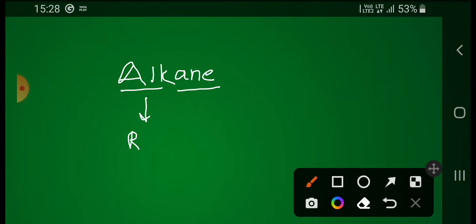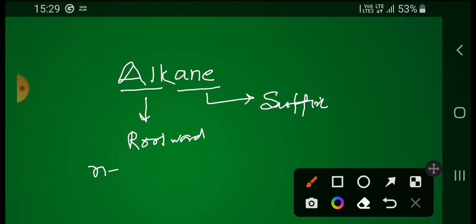Alk simply stands for the root word and ane stands for the suffix. Root word is very important in organic chemistry. For n equal to 1, the root word is meth. Similarly, for n equal to 2, eth, and so on, like prop, but, pent, hex, hept, oct, non, and dec.